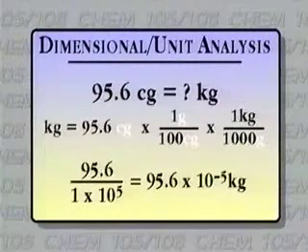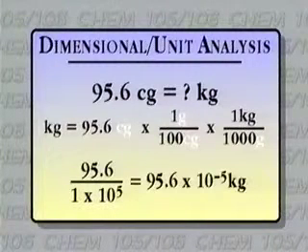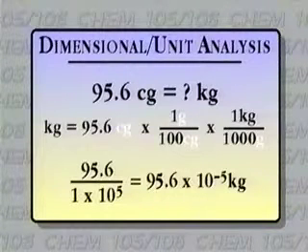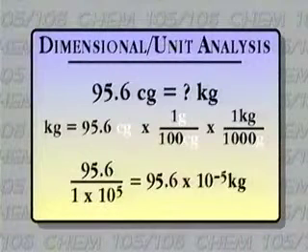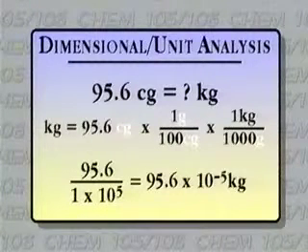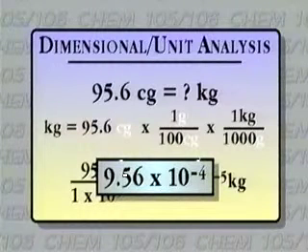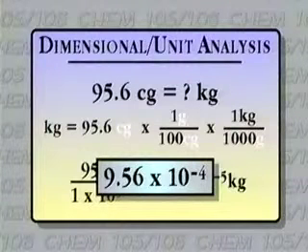Now that is not written in scientific notation, because in scientific notation we have only one number preceding the decimal. That answer's right. That's one way to write it. Or we could write it 9.56 times 10 to the negative 4 kilograms.